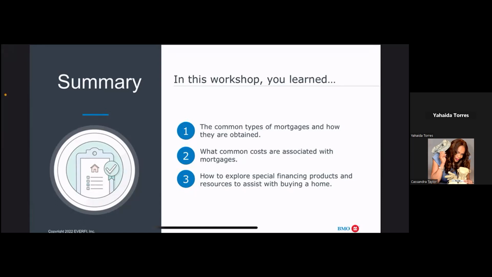That's going to help give you not only the best rate, but just the best option for you and what you're looking for when it comes to buying a home. It is the biggest purchase that you will ever have to make. You want to make sure that you're getting everything explained correctly and that you're going to the right person. That way you avoid any mistakes that can happen.